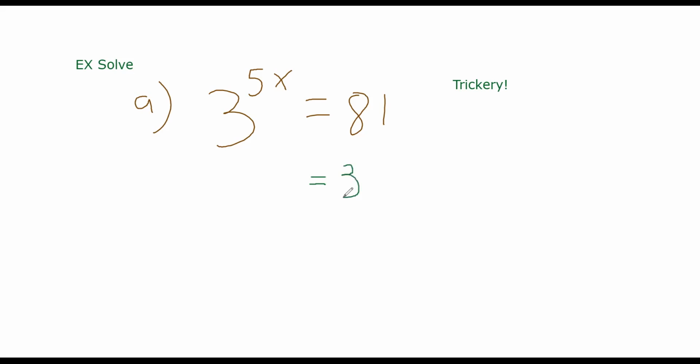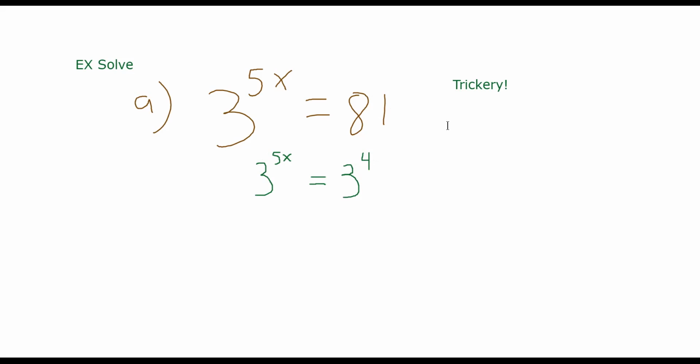In fact, it's 3 to the 4th power. That's an important connection. So if it was just 80, 80 can't be written as 3 to a simple power. So that's not going to work in that case, but 81 is special.